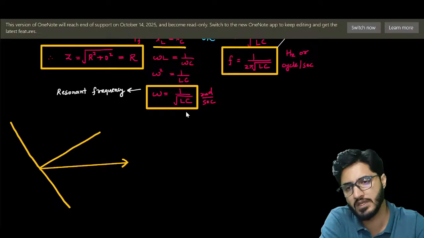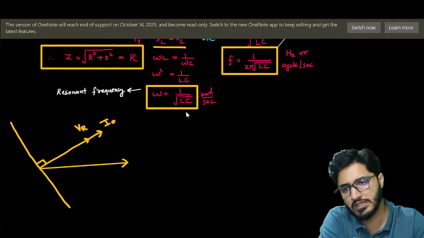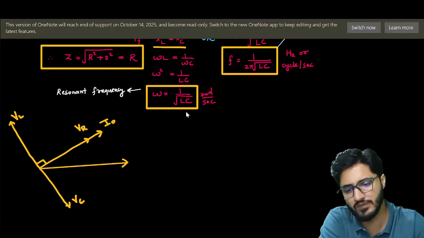This particular line is I naught, this one is VR, this one is VL, this one is VC, and this one is V naught.